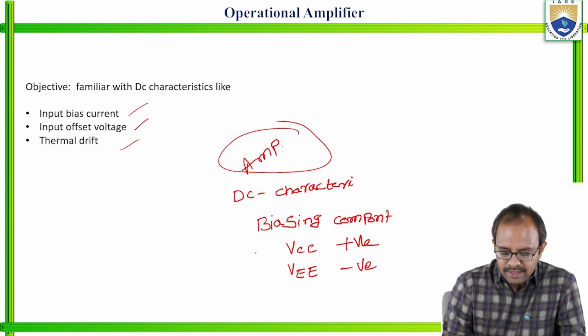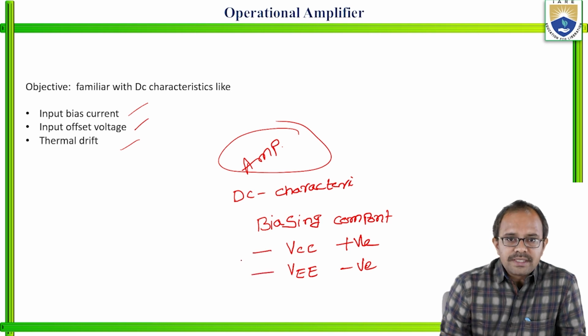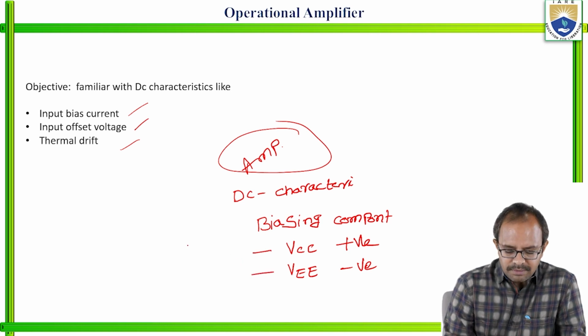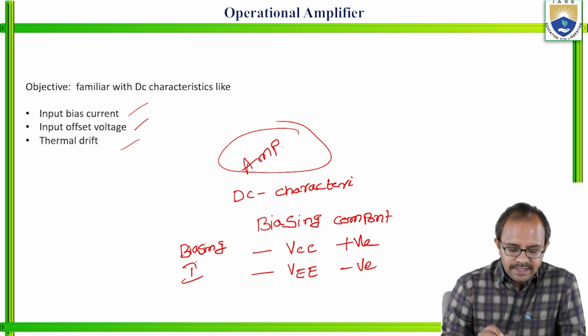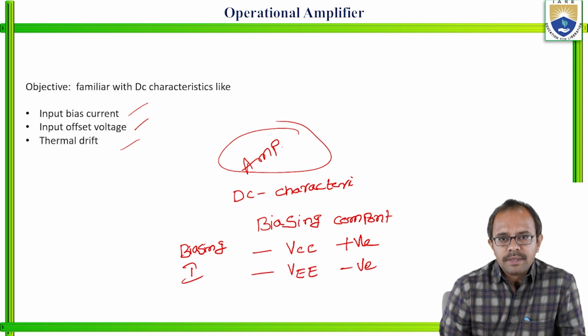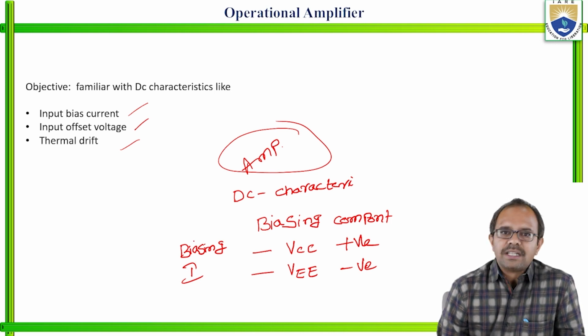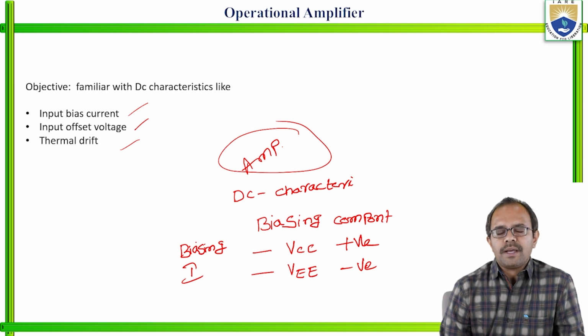Because of this biasing voltage, there will be some current, nothing but the biasing current. I will say this as I bias. So this is the important parameter under DC characteristics of operational amplifier.